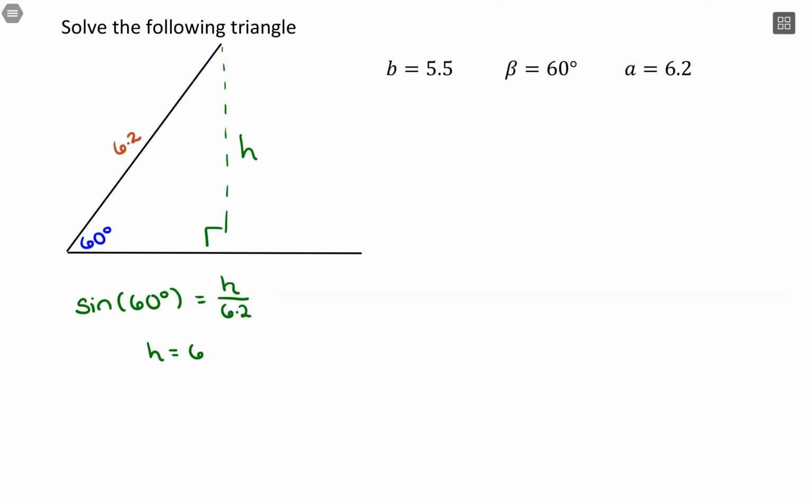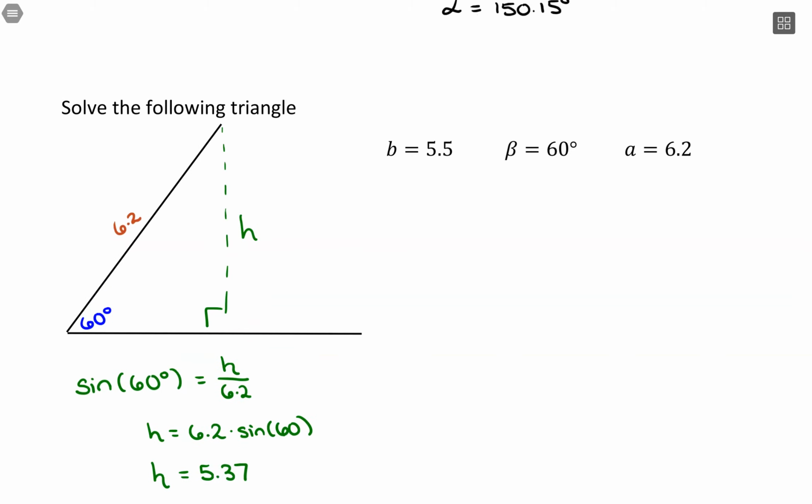So H is equal to 6.2 times sine of 60, which we could just throw into a calculator, and that should be a 5.37. So with this case, this is a 5.37, and I'm trying to draw a line that's a distance of 5.5. So this is a case where that 5.5 would go longer. So this is the two triangle case.